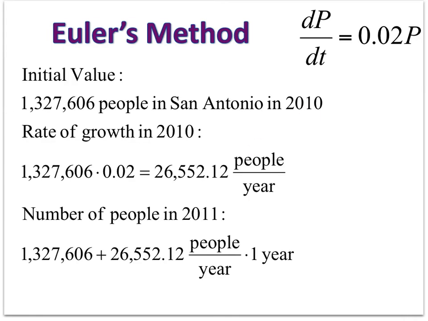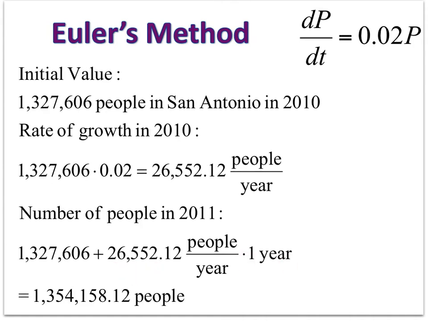So if I wanted to predict the next year, because it would be close enough that I'd get a pretty good idea, I take the current population plus the change, my rate, times the number of years. And this would give me a prediction within 1 year.